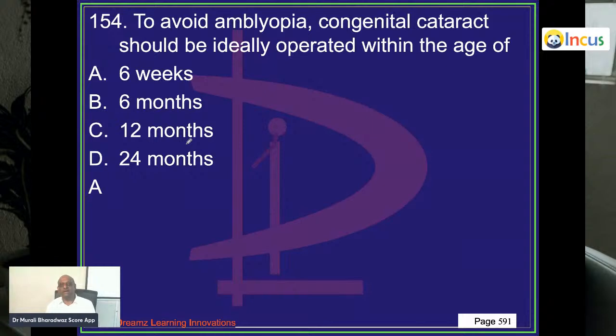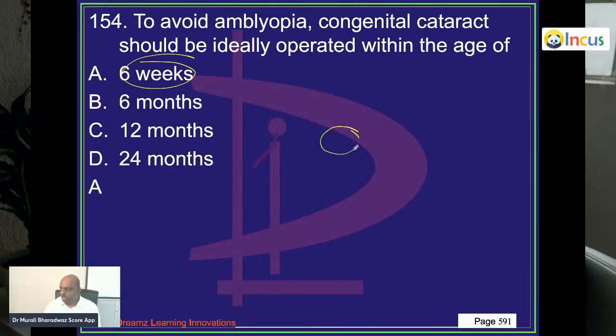Sarvendriyanam nayanam pradhanam. A lot of times we think only medicine and surgery are great. No, ophthalmology is a big ocean, with congenital cataracts, strabismus surgeries, retinal surgeries. So to avoid amblyopia, congenital cataract should be operated within 6 weeks.